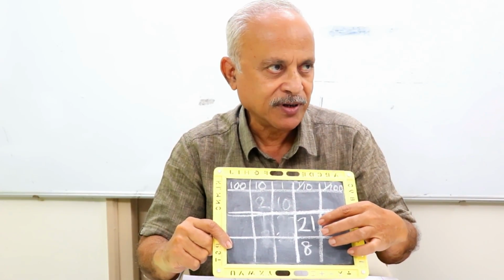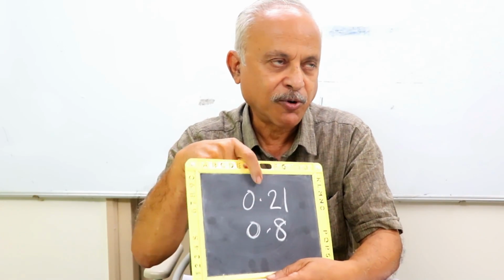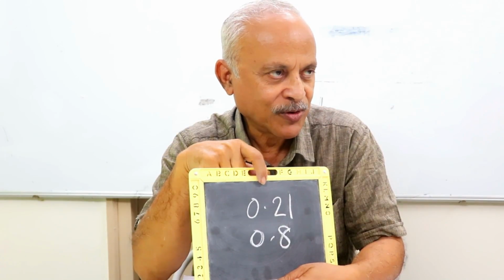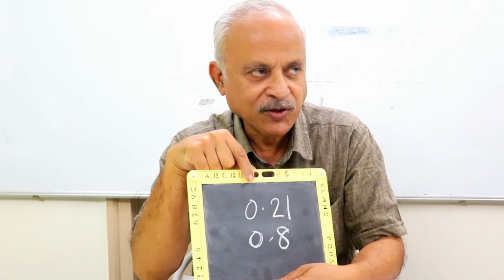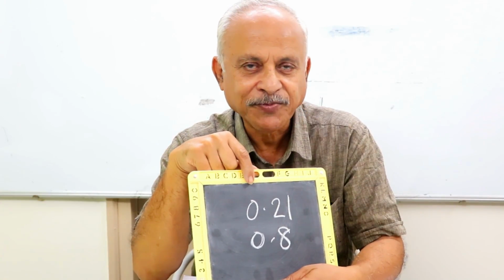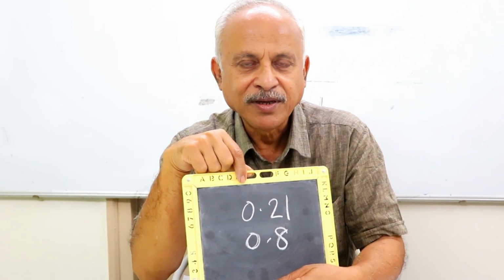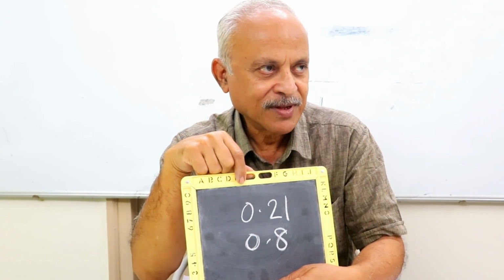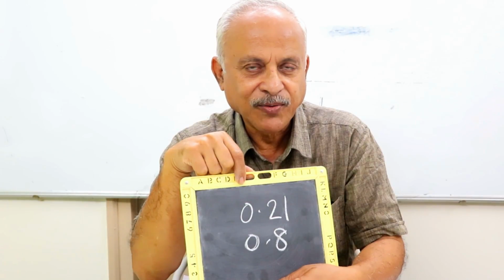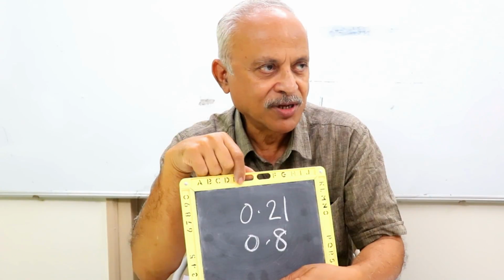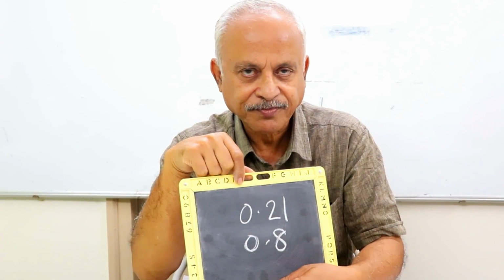If I use a decimal point and write 0.21, then I am not representing correctly. So the moral of this entire exercise is, when doing decimals, it's very easy if you write the names of the houses. We will use this going ahead to do addition and subtraction.